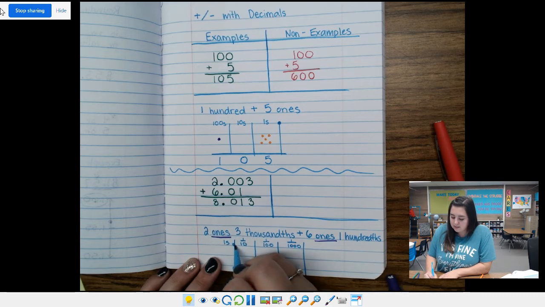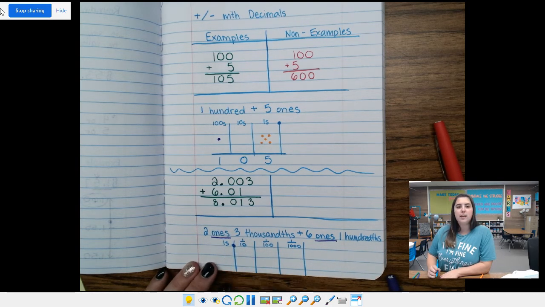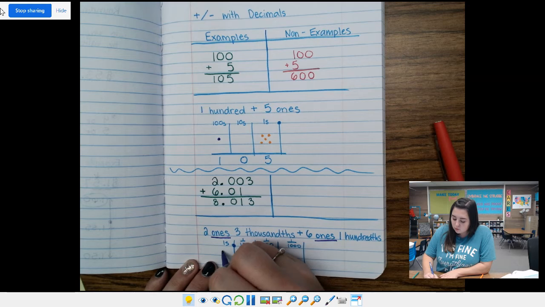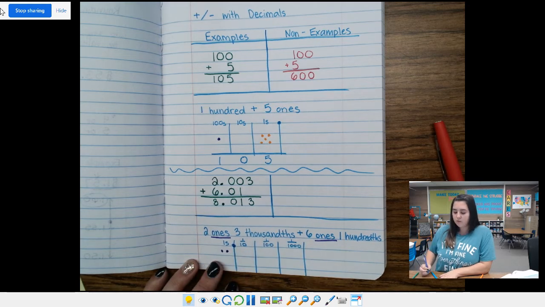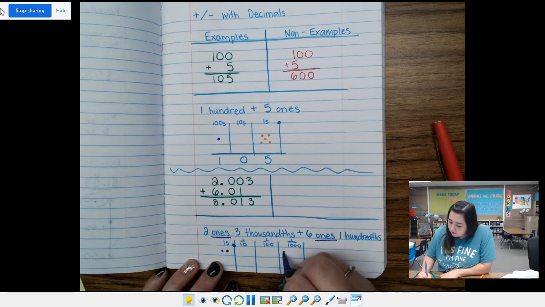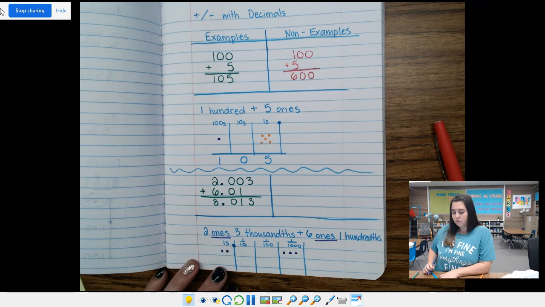Of course, my decimal goes in between my ones and tenths. So my first number, I had 2 ones. 1, 2. And 3 thousandths. 1, 2, 3. There we go.